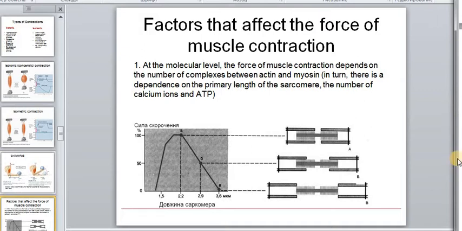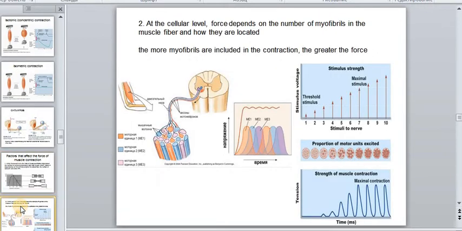At the cellular level, next slide, force depends on the number of myofibrils in the muscle fiber and how they are located. The more myofibrils are included in the contraction, the greater the force.